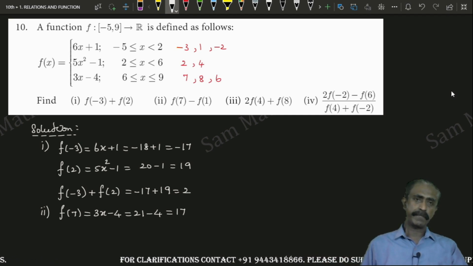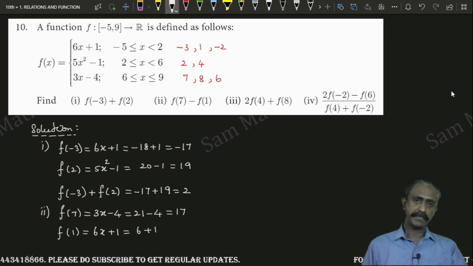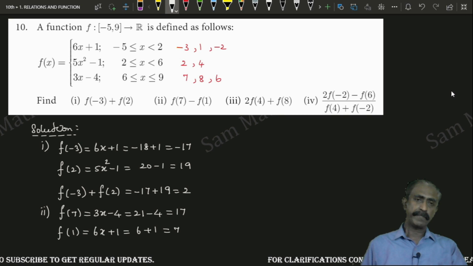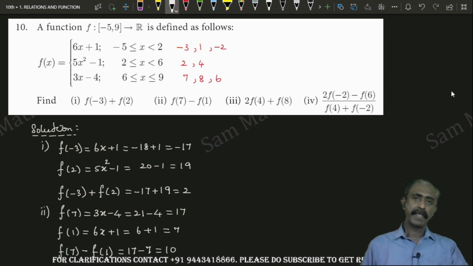Like that, f of 1 we have to find. 1 is in the first interval, so I have to use the function 6x plus 1, equal to 6 into 1 is 6 plus 1 equal to 7. We need f of 7 minus f of 1, equal to 17 minus 7, that is equal to 10. This is the required answer for the second one.